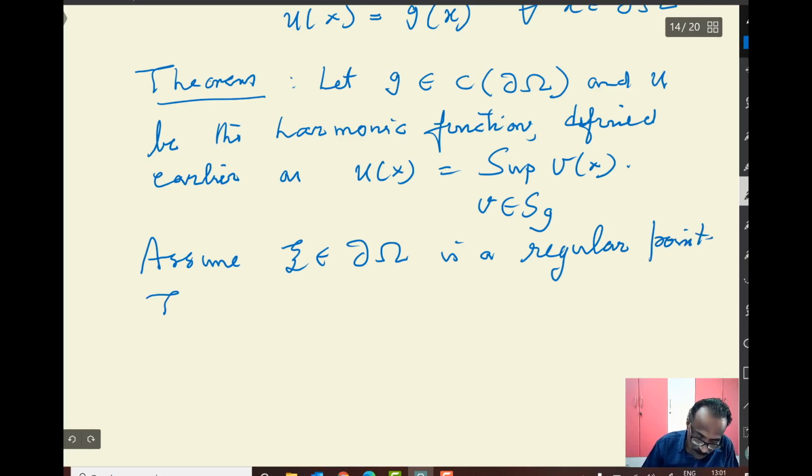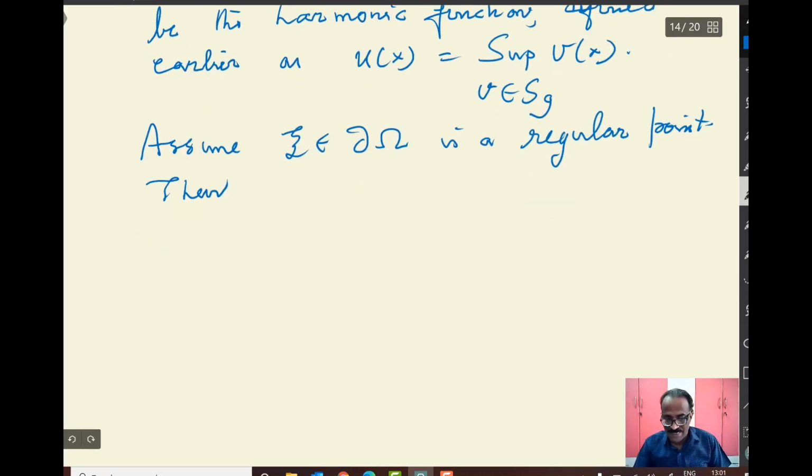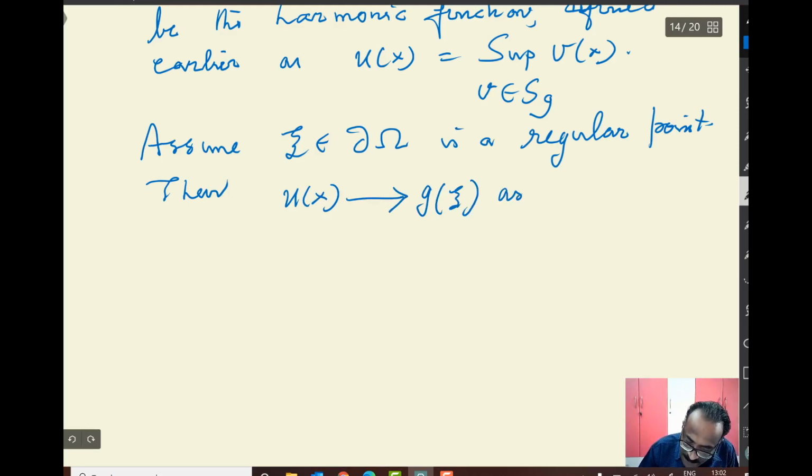Then, that is how the boundary values are always defined, via a limiting process, because u is defined inside, not necessarily at the boundary. Then u(x) converges to g(psi) as x tends to psi.